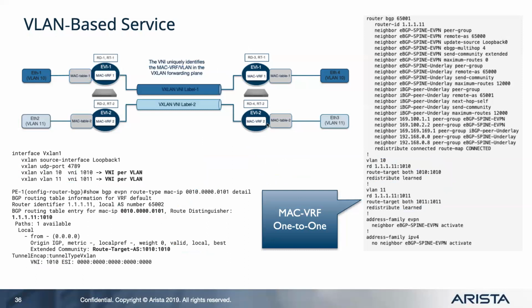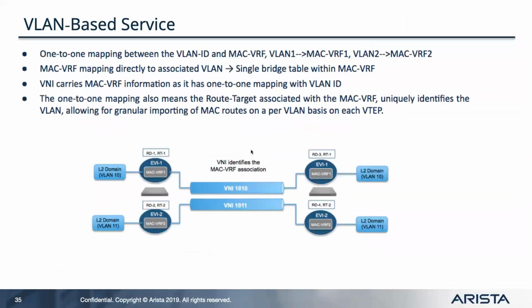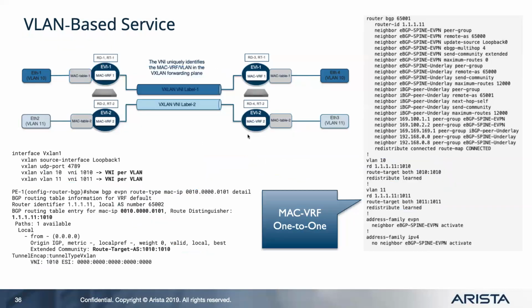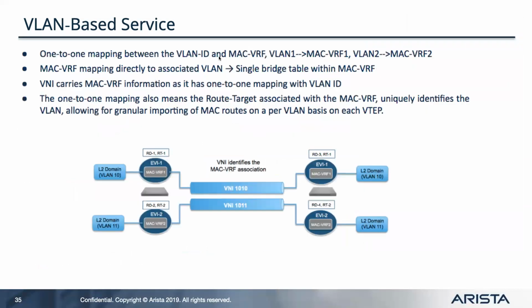So this is VLAN-based service, right? One-to-one mapping between VLAN ID and MAC VRF. VLAN 1 has MAC VRF 1, VLAN 2 has MAC VRF 2, and a MAC VRF is nothing but a combination of RD and RT, right? The VNI carries MAC VRF information as it has a one-to-one mapping with the VLAN ID.